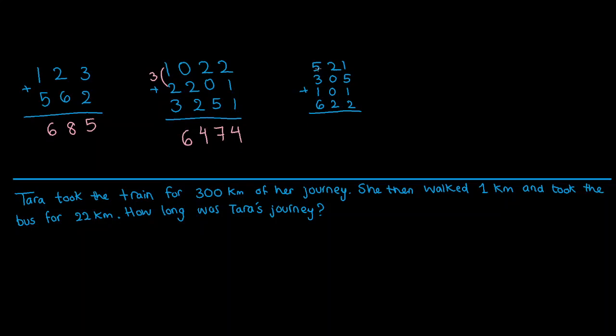Last question from the big ones. 521, 305, 101, 622. 5 plus 1 is 6. And then 1 plus 2 is 3. So 6 plus 3 gives us a 9 over here. Then we've got 2 zeros, we can ignore them. 2 plus 2 is 4.